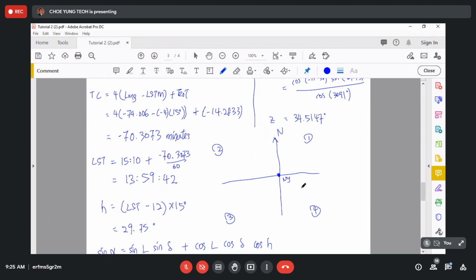Because just knowing the value of Z is useless. You must know exactly the location. Okay, what's the meaning of 34.55 on this Z?